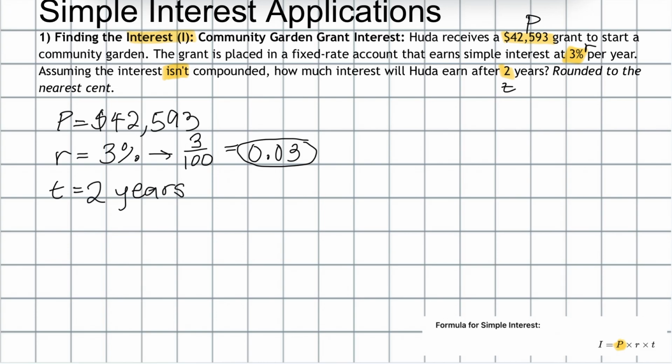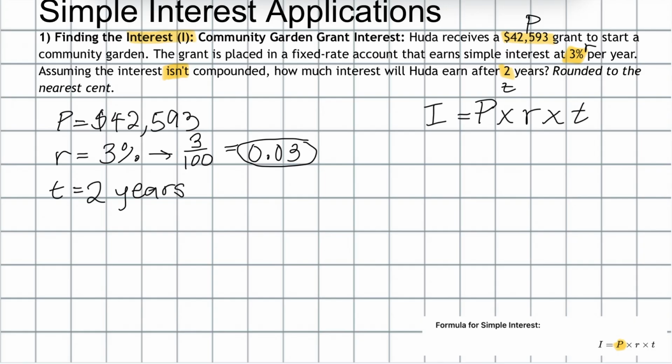And we're going to plug this information into the formula. The formula that we have here is I is equal to the principal times the rate times the time.